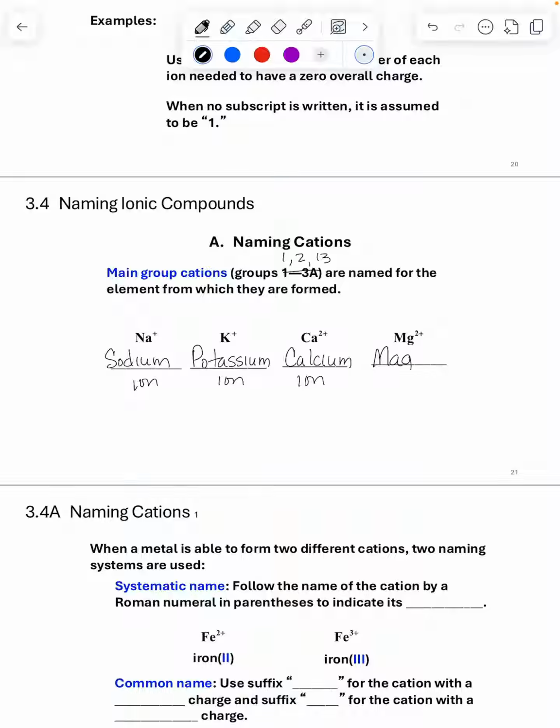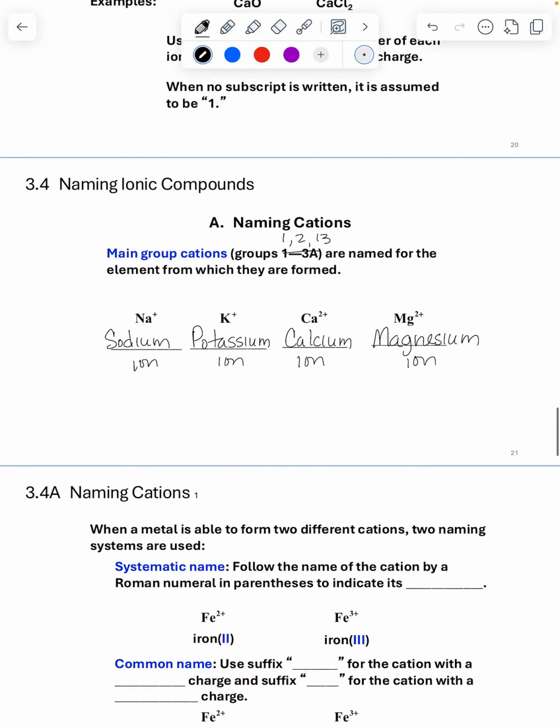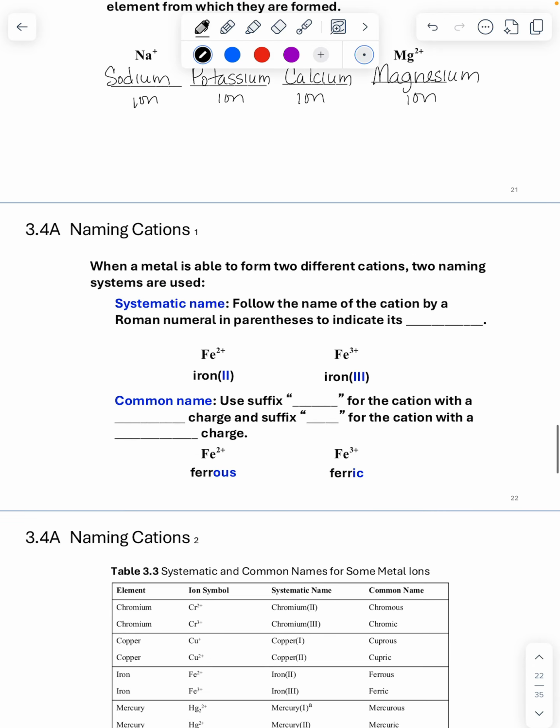When an element is able to form 2 different cations, as we saw with the transition metals, their name is a little bit different. So there's 2 common ways to name these. There's the systematic naming system, which uses Roman numerals.